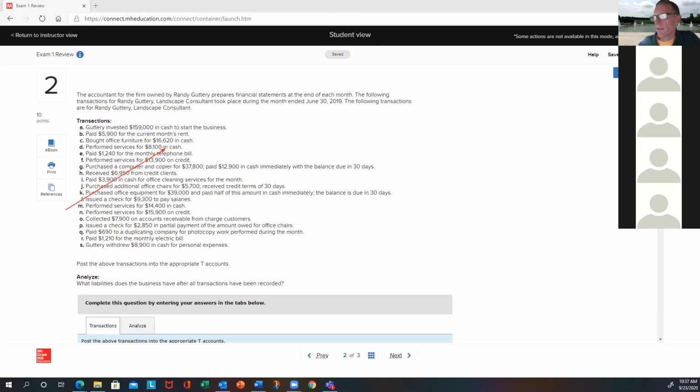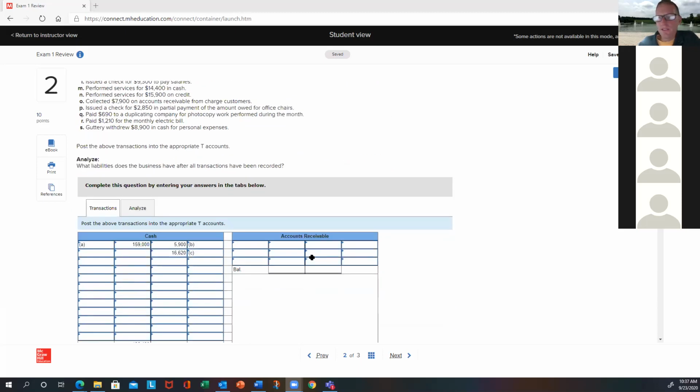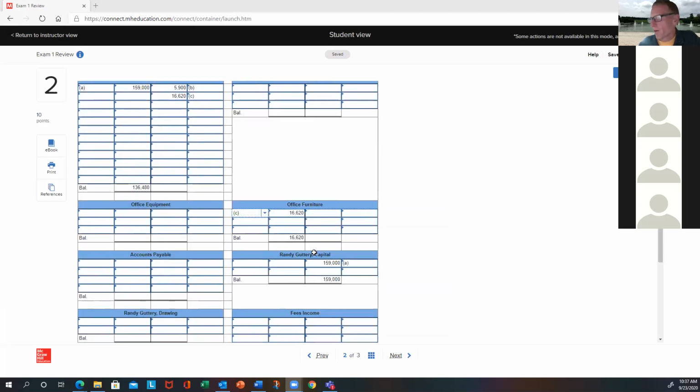So we have one account affected, but then the other question comes, what is this perform services? Now we've seen that before. That's revenue. Now, here's the other problem some people have right now. It'd be nice if they just had you use an account called service revenue. I think that would be perfect, but they don't.